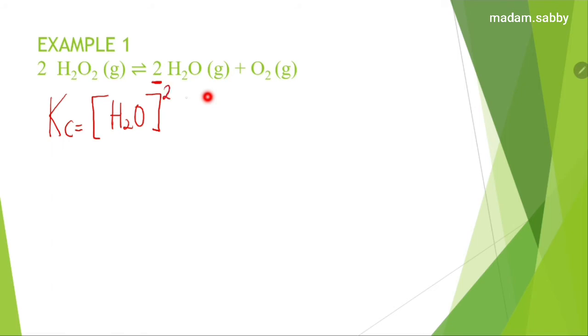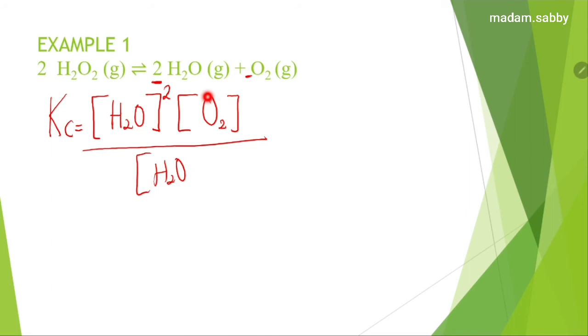Then the O2 concentration has a stoichiometric coefficient of 1, so I just ignore it, I don't have to write 1, over H2O2 gas, hydrogen peroxide, which has 2 as the stoichiometric coefficient, so squared. So this is my Kc expression for this chemical equilibrium.